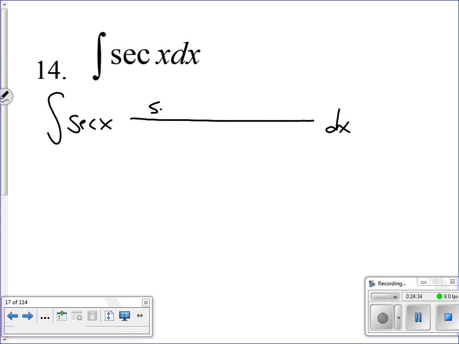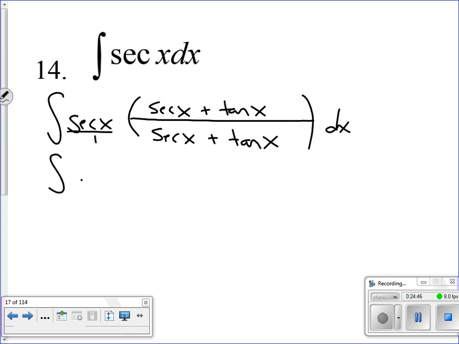And that is secant x plus tan x over secant x plus tan x. And when you multiply, you distribute the numerator. You have secant squared x plus secant x tan x over secant x plus tan x.